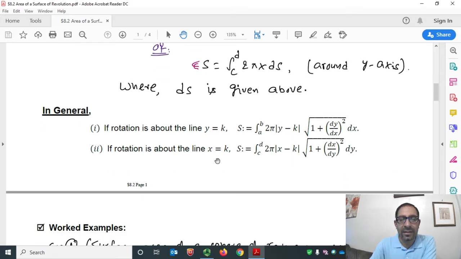In the second case, again the radical term is ds, and if we rotate about the y-axis, then this becomes x equals 0, which you already found in the formula above. Great. Now with this idea, let's do some examples.